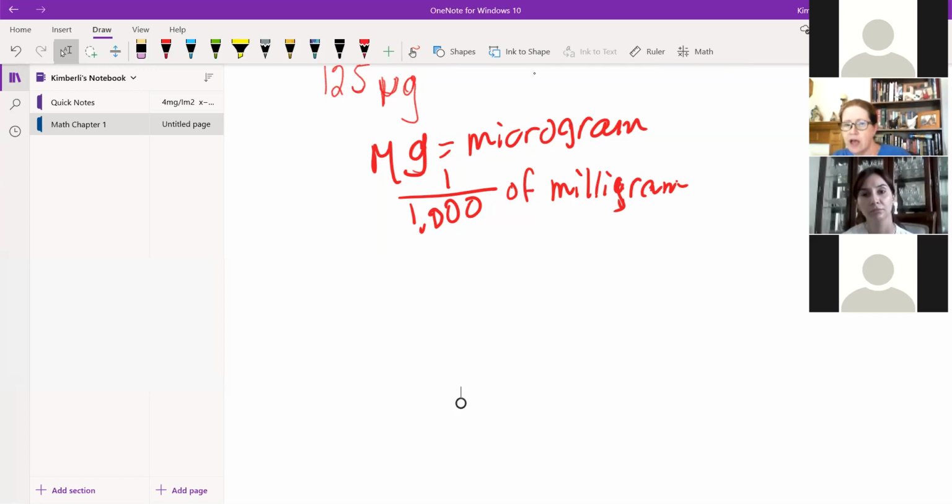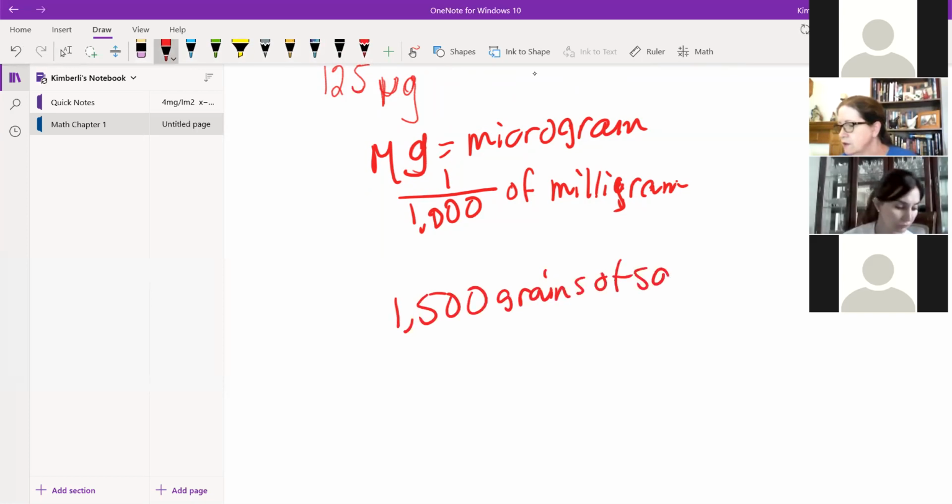And what we found out is that the whole gram of salt was about 1,500 grains of salt. Not the apothecary grain, but actual grains of salt, in a gram. This is the salt that you buy with the little girl with the umbrella on her back, Morton salt.